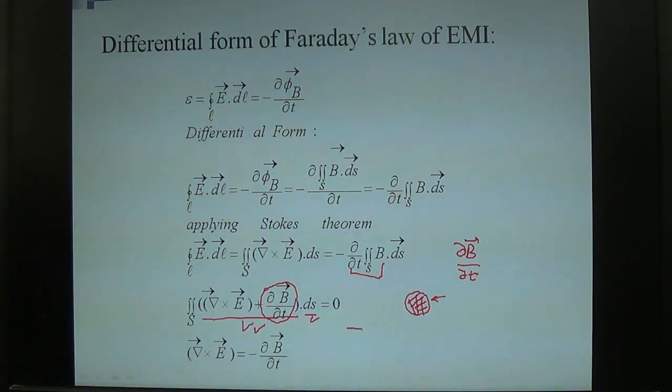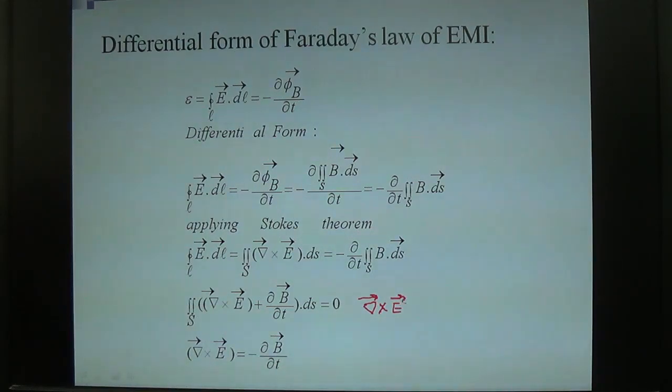When del cross E plus del B upon del t is equal to 0.